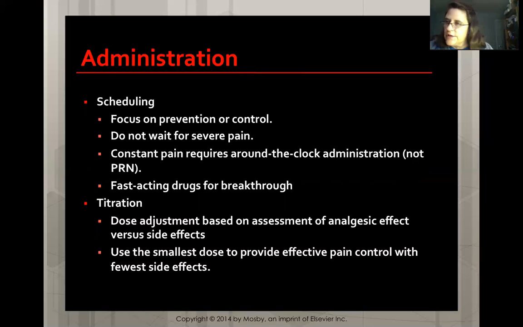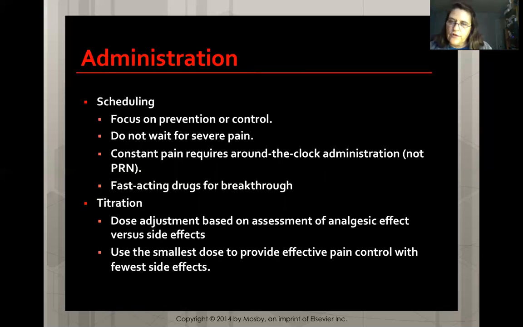All right, administration. We talk about scheduling. We focus on prevention or control. We do not wait for severe pain. Constant pain requires around-the-clock administration, not PRN administration. If we have a breakthrough, we look for a fast-acting drug, and that's part of scheduling. Titrating a dose is based on the assessment of the analgesic effects versus the side effects.